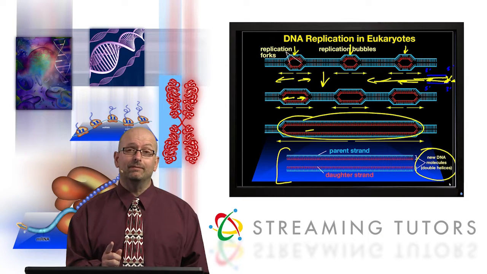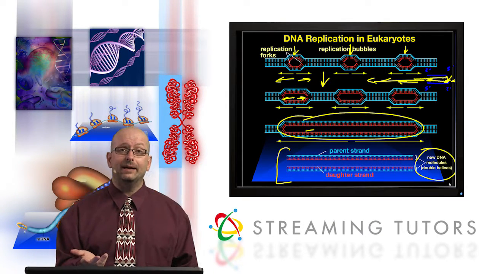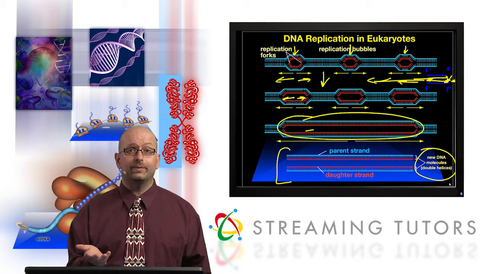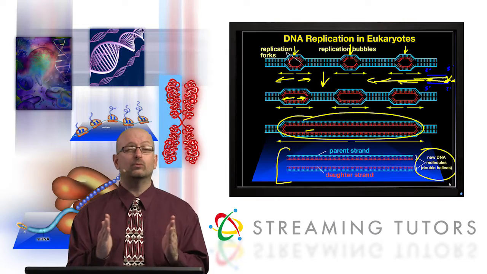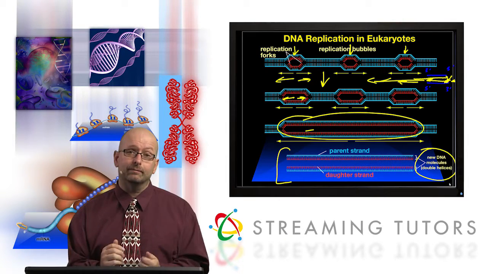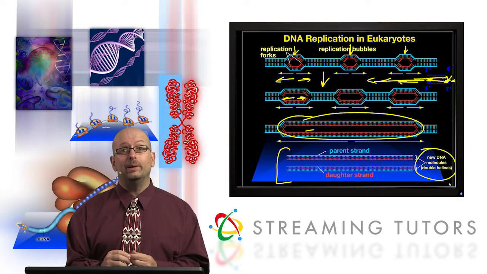Some people have connected this, and it's a very viable idea, with a possible reason for aging. That after a while, the chromosomes lose their integrity, the telomeres are non-existent, you start losing information. So people say, well, can't we just turn the telomerase back on?